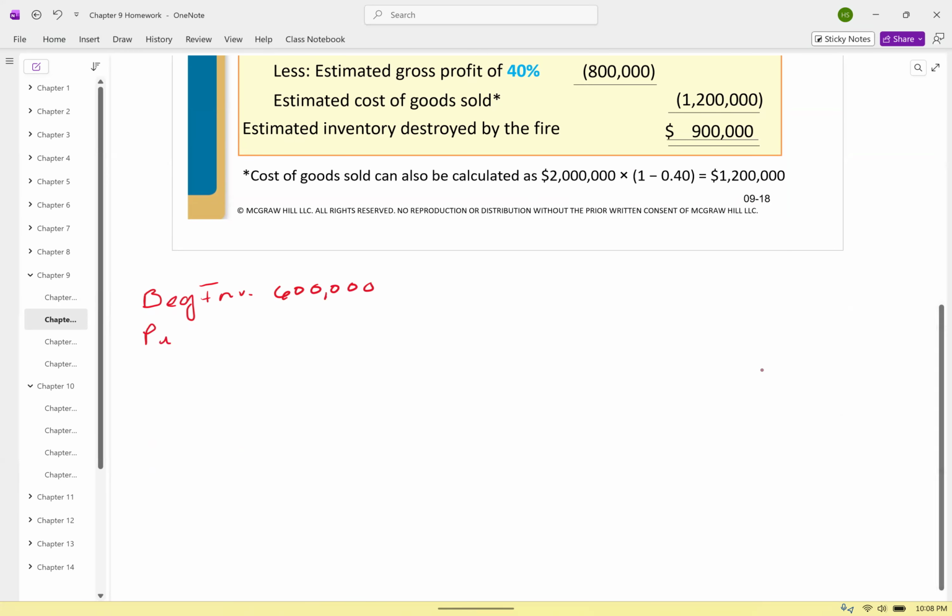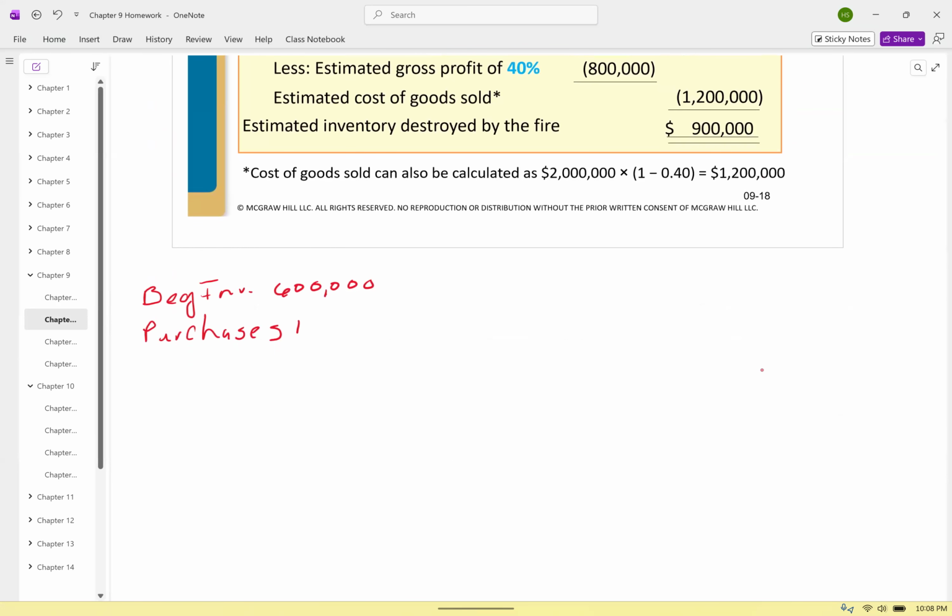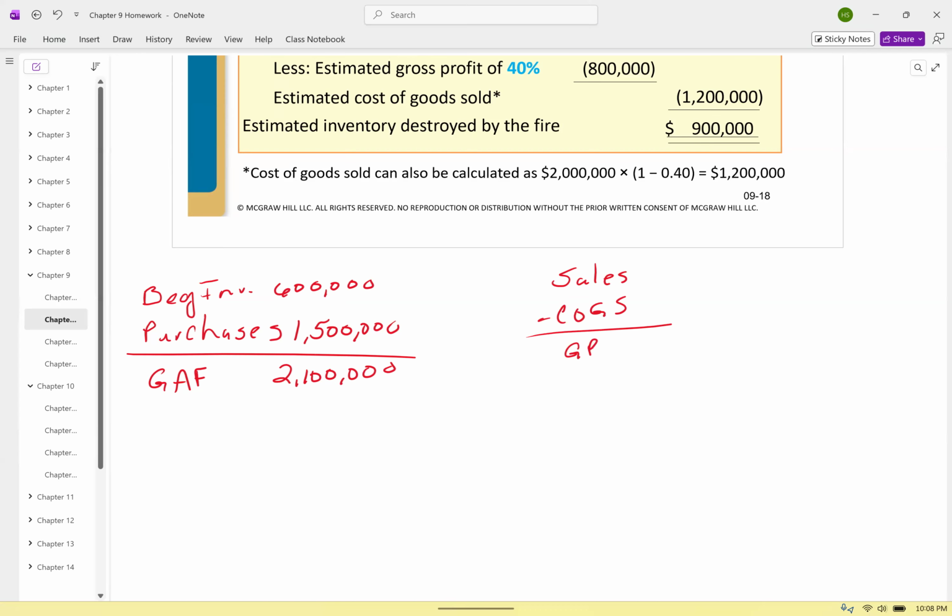And then our purchases, 1.5 million, which gives us goods available for sale of 2.1 million. Let's come over here and write out sales minus cost of goods sold gives us gross profit. This is on your income statement. That's at the very top of your income statement if you're a merchandising business.